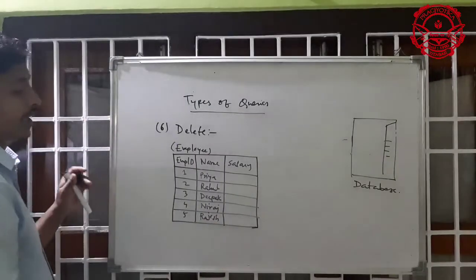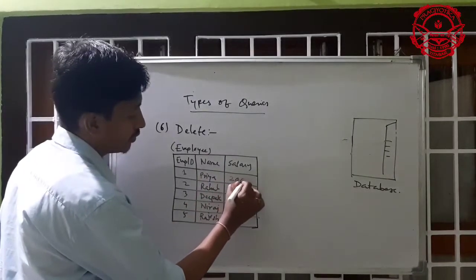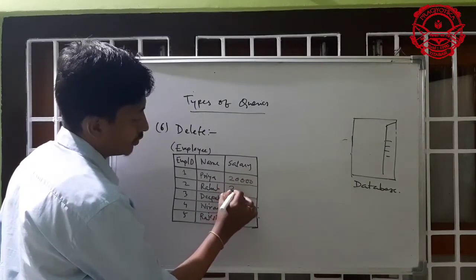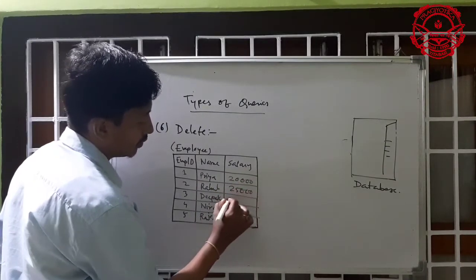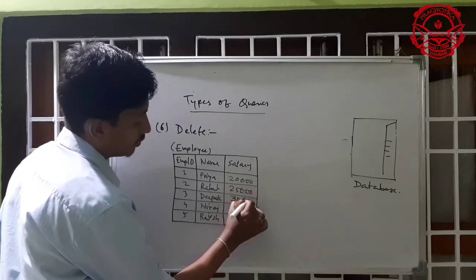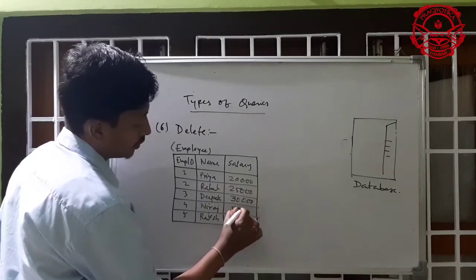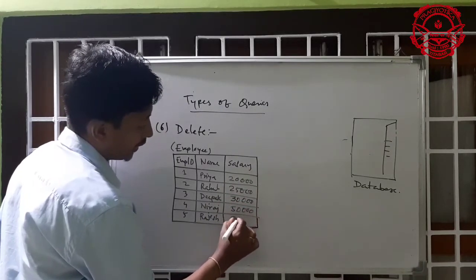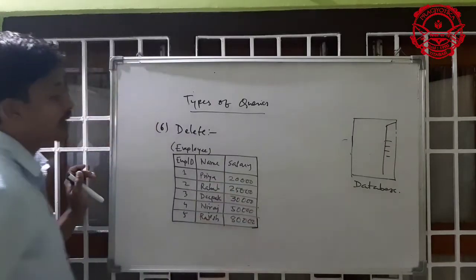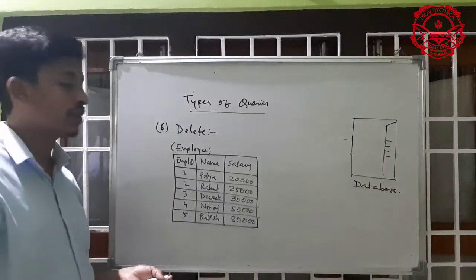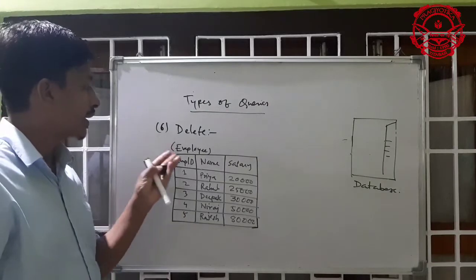Okay, and salary say 20,000, 25,000, 30,000, 50,000, and 80,000. Okay, now in the delete query you can use this query in the table.